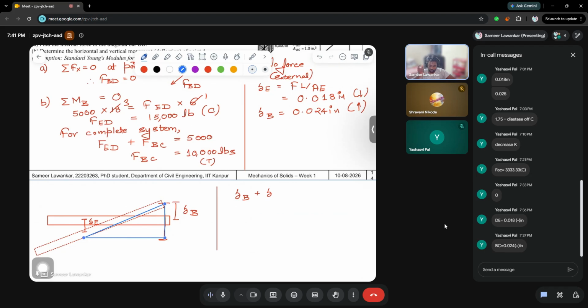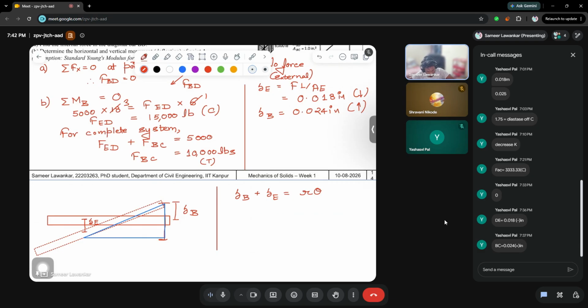But this time the values of delta will be added up, not subtracted, because they are in different directions. Okay, so sometimes some of the questions require a little bit of logic also. So delta B plus delta E is nothing but equal to r theta. Delta B is known to us, delta E is known to us. So these are basically mod values. I am calculating the values as mod, so don't understand this as direct. We will implement this as plus and this as minus.